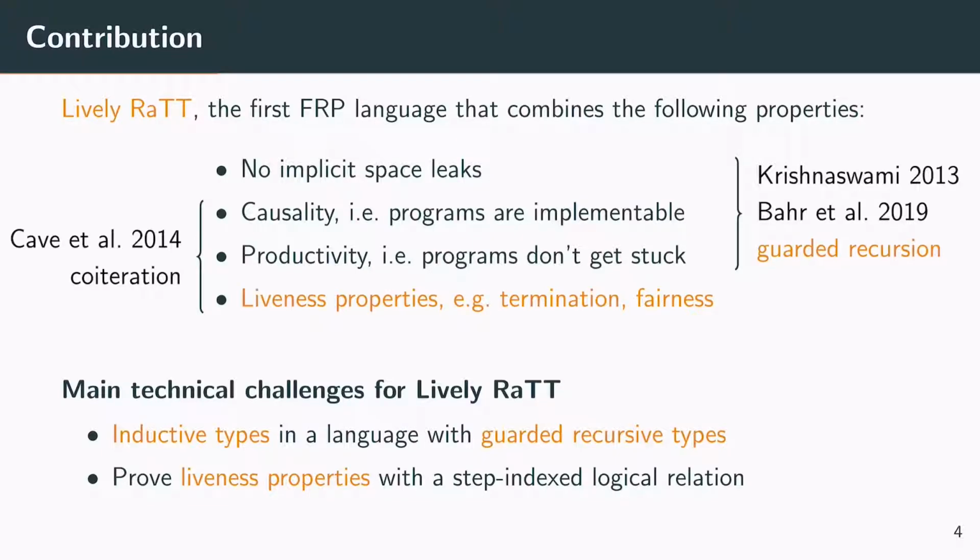And secondly, we also had to actually prove that the resulting system allows us to express liveness properties using inductive types, which is a challenge in itself because usually you use step-indexed logical relations to prove safety properties. But so far, they have not been used to also prove liveness properties. So we'll see how we achieve that.